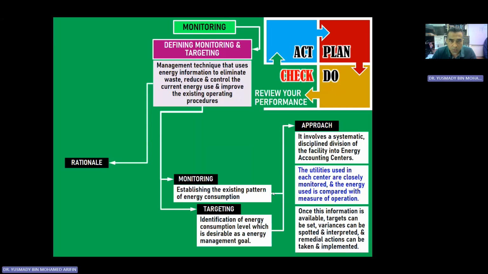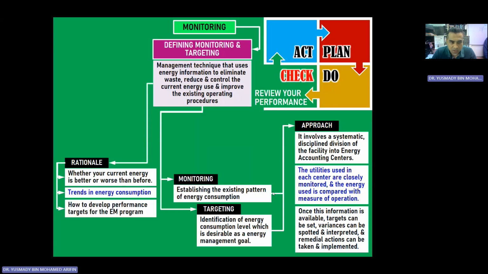The rationale of monitoring and targeting are: we can know whether our current energy use is better or worse than before. We can know the trend in energy consumption. We will know how to develop performance targets for the EM program. EM program here refers to the energy management program.